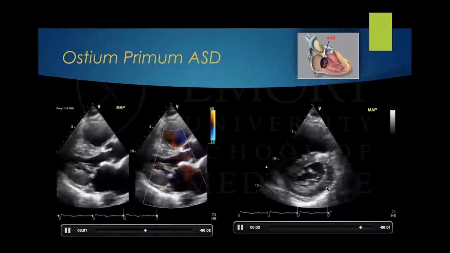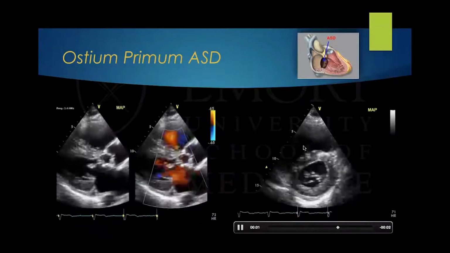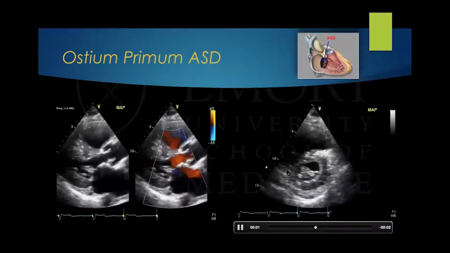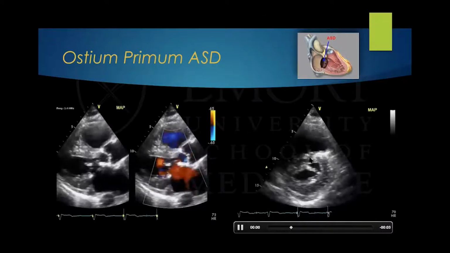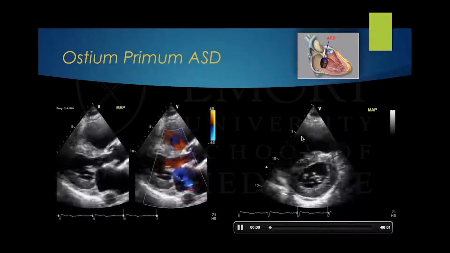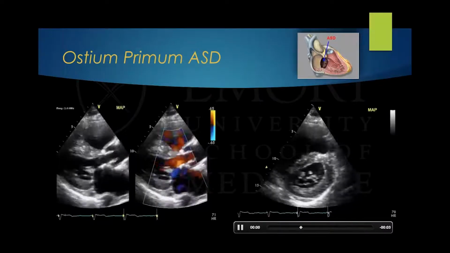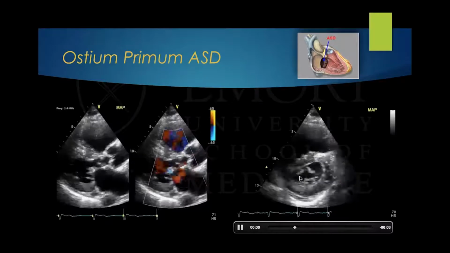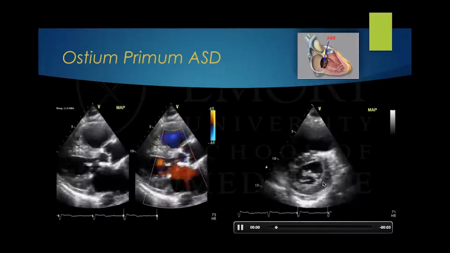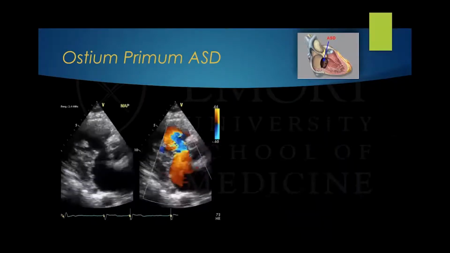In the short axis view, you will appreciate some D shape of the ventricular septum due to the volume load of the right. There's a dilation of the right ventricle, and there is a cleft mitral valve along the anterior leaflet, you're seeing right here. We'll have some examples on 3D.